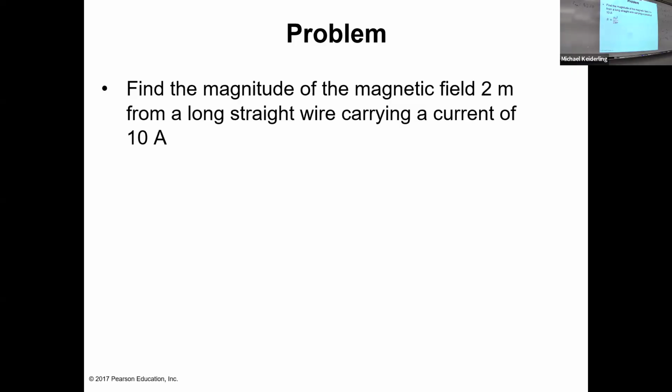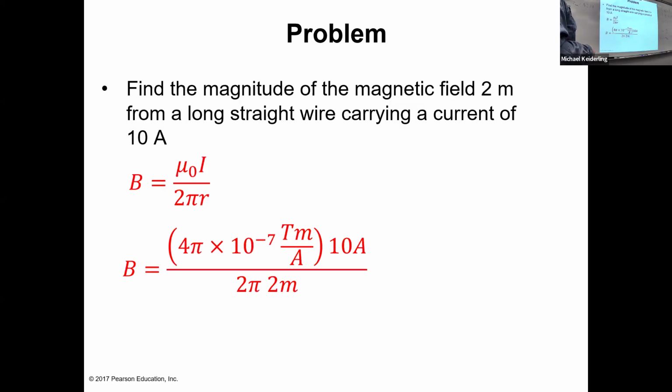This is again a fairly straightforward calculation. Magnetic field from a wire is mu naught current over 2 pi times the radius. That's 4 pi times 10 to the minus 7 Tesla meters per amp times 10 amps over 2 pi times 2 meters. The pi's cancel. 2 times 2 cancels with 4. You get 1 times 10 to the minus 6 Tesla.